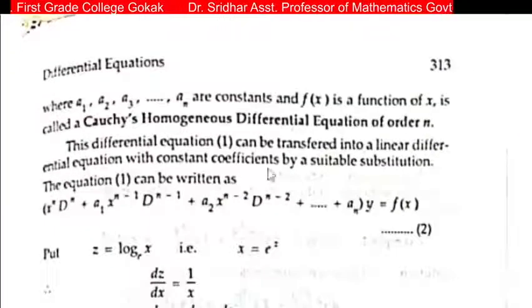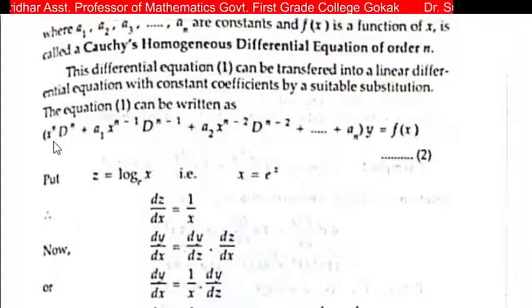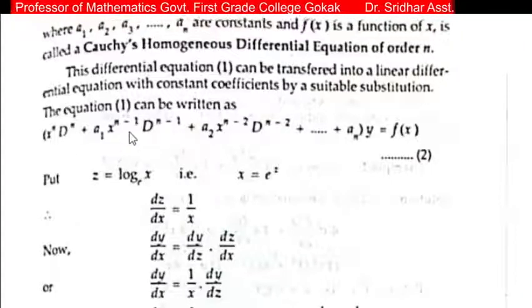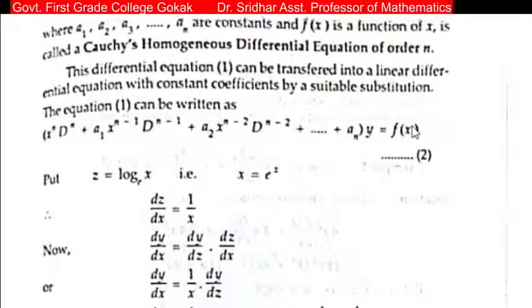After replacing all those by their differential operators and taking y common, we get x raised to n D raised to n plus a1 x raised to n minus 1 D raised to n minus 1 plus a2 x raised to n minus 2 D raised to n minus 2 plus and so on plus an, into y, equal to f of x.